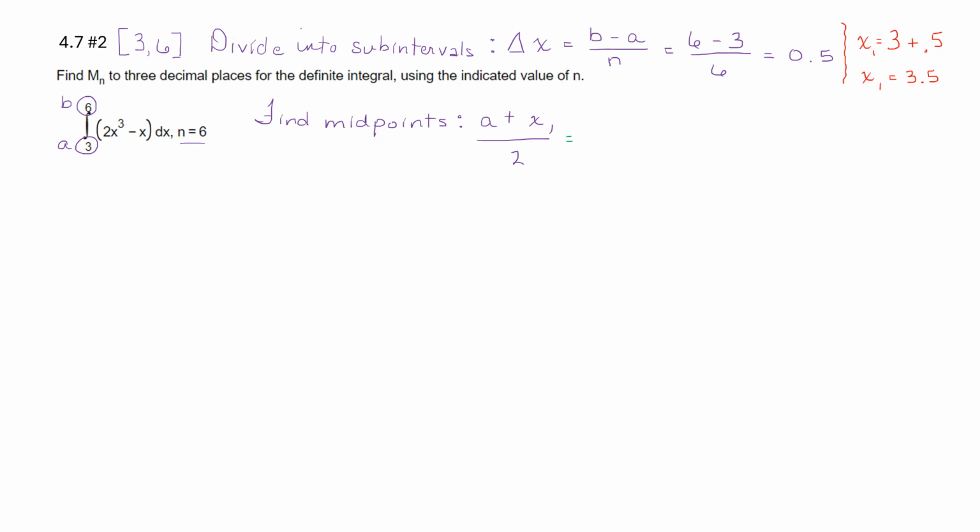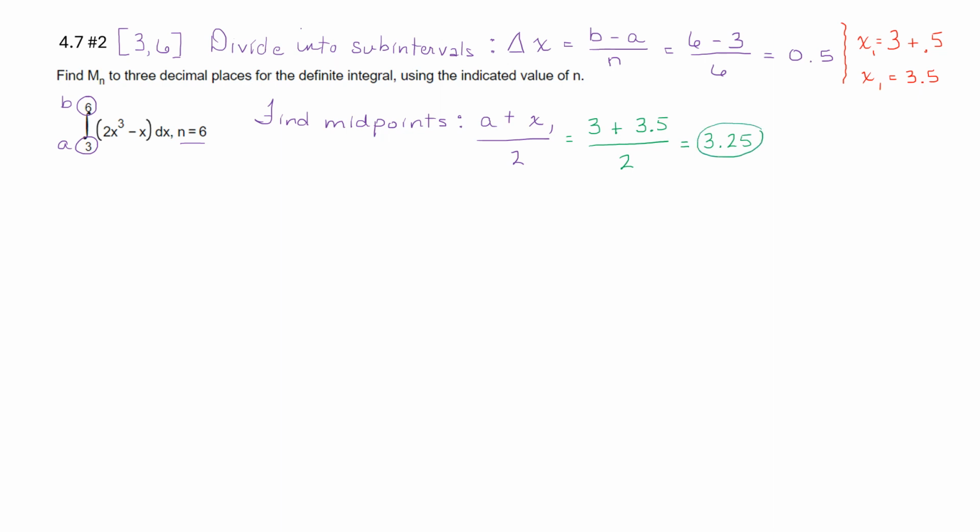So a is given to us as 3, plus x sub 1, which we know is 3.5, divided by 2, and that will give us 3.25.